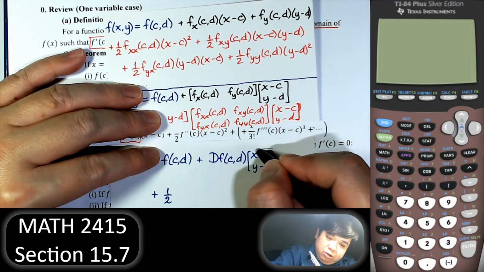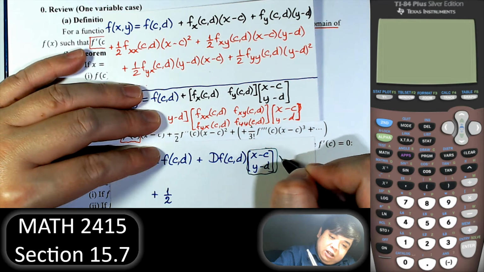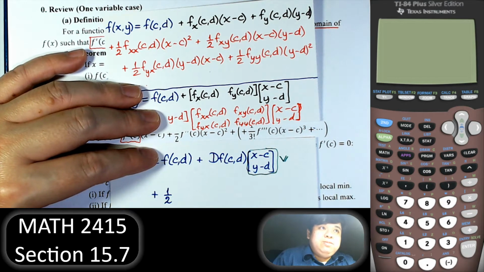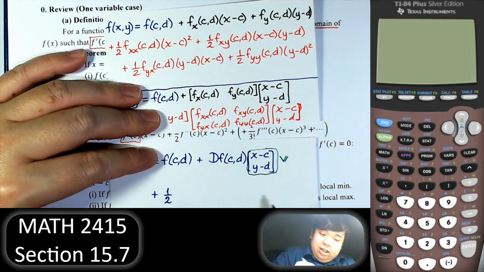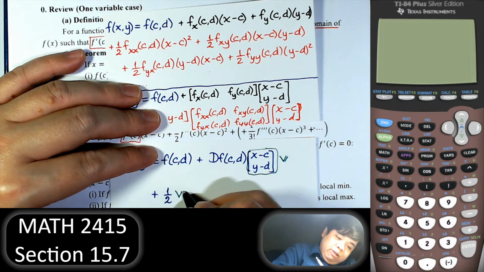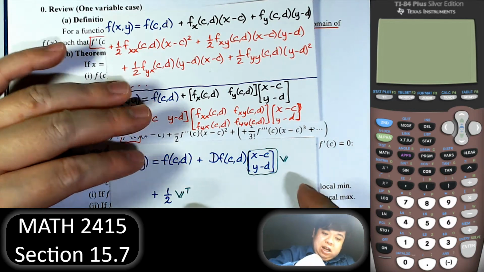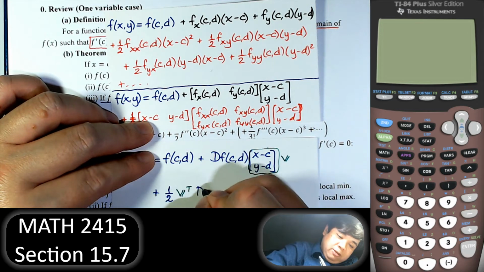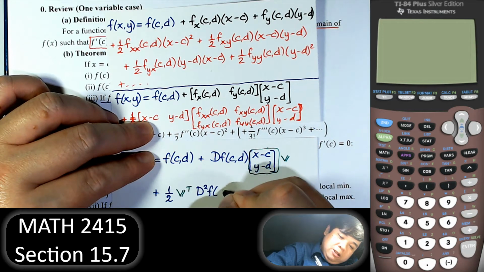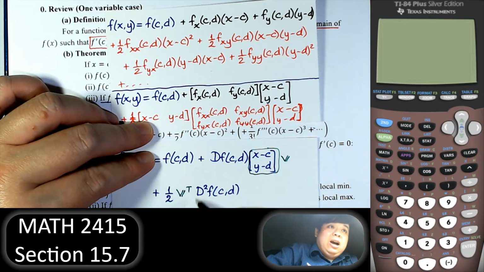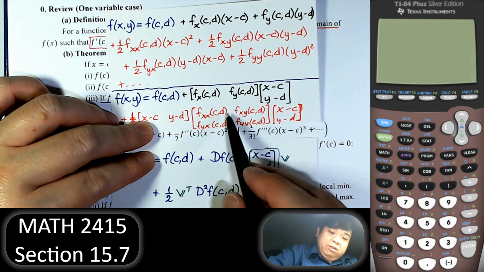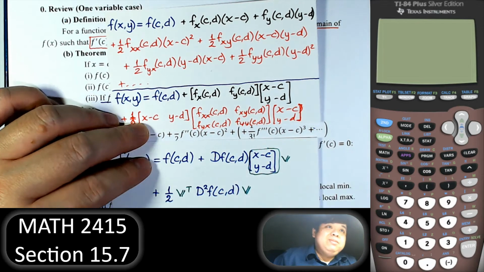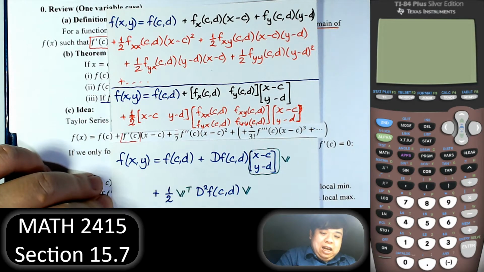If we call this matrix, let's say V, the column vector, then for the second derivative we have V transpose, meaning that we turn the column into a row, and then we have the second derivative matrix times V. Yeah. So in matrix form, I can write like this.